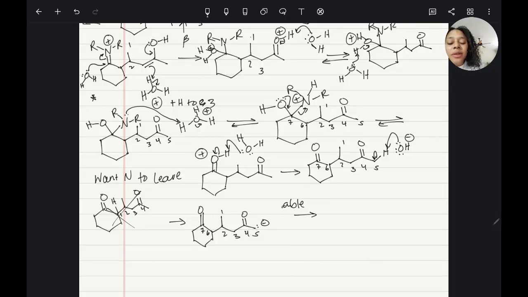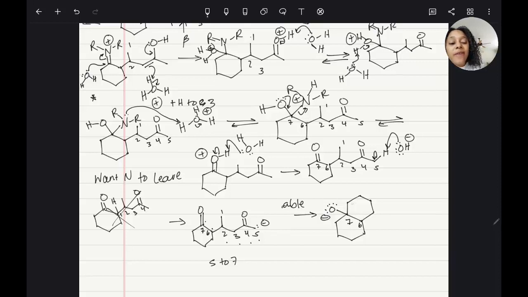So I'm going to be attaching 5 to 7, and it's going to give me a 1, 2, 3, 4, 5, 6-membered ring. So that means this side of my cyclohexane should have a 6-membered ring attached. So if this is 7 and 6, that means my alkoxide that I formed, remember these acyl nucleophilic additions form the tetrahedral alkoxide intermediate.